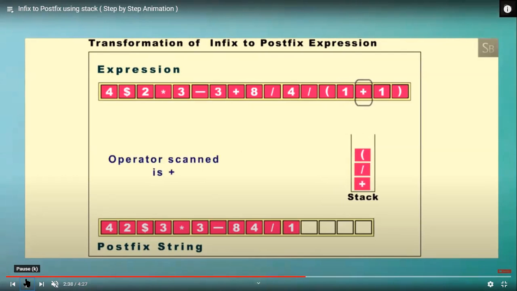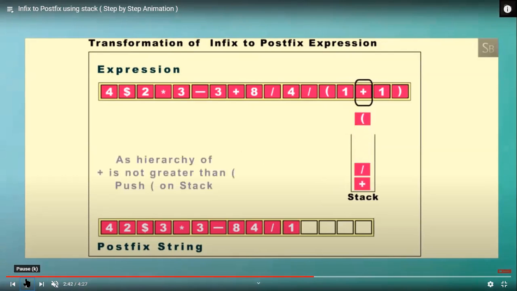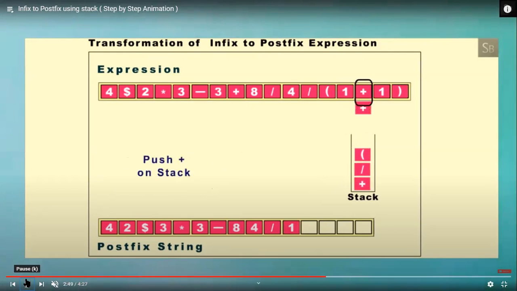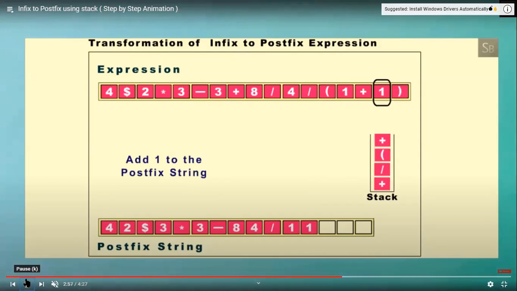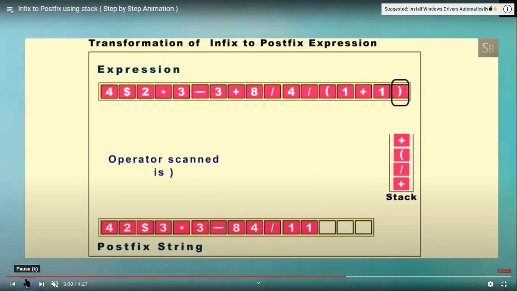Next we scan the plus operator. The hierarchy of plus is not greater than the opening bracket, so it will be pushed on top of the opening bracket. Now 1 is a constant, and it will be added to the postfix string.